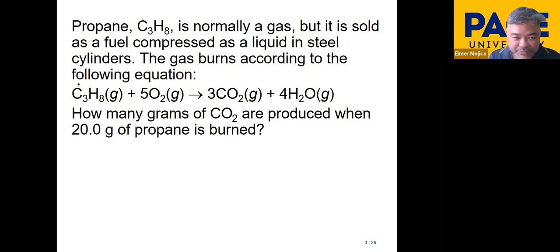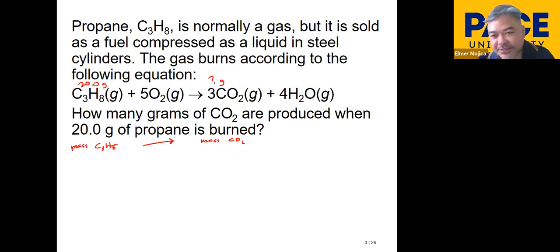You have 20 grams of this, you are asked how many grams of this. So the pathway that you have could be the mass of C3H8 going to the mass of CO2. So always have this starting point and the final destination.